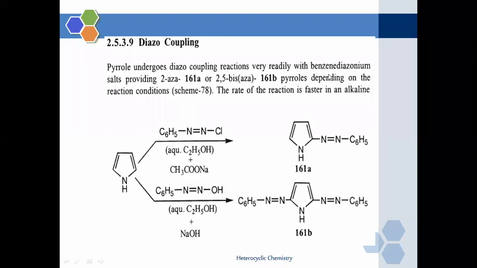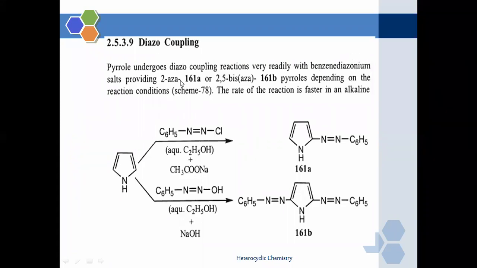Whenever there is a reaction between benzene and a primary amine molecule, benzene diazonium salt is formed, and we have seen the significance of these diazonium salts at that time. So this benzene diazonium salt is used as a reaction intermediate for which type of reaction? Diazo coupling reaction.